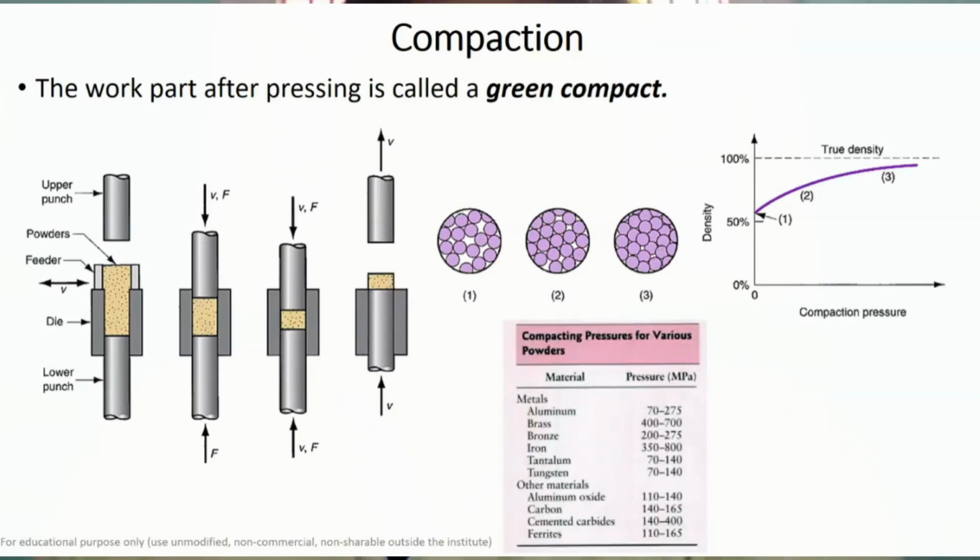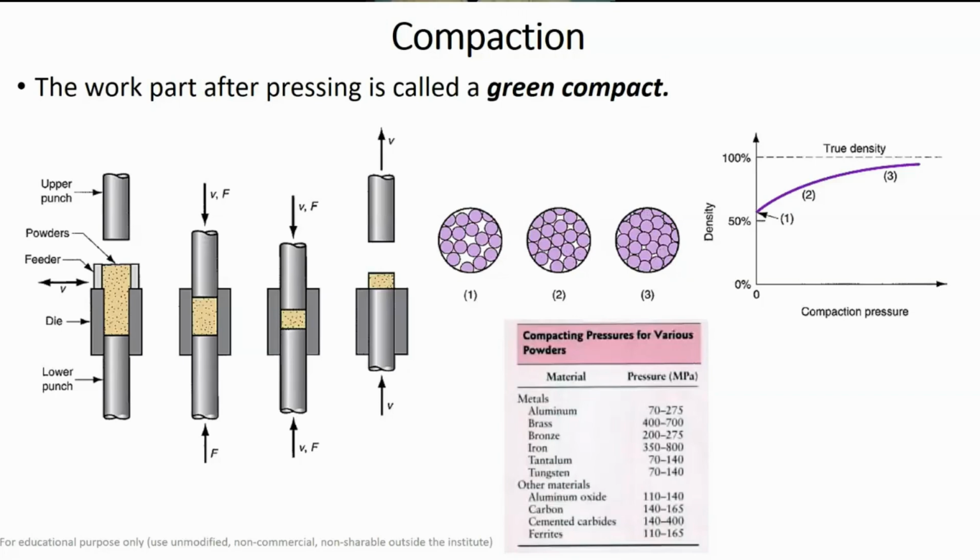In this figure, you can see that as you increase the compaction pressure, if the apparent density of the powder filled inside the die cavity is initially 50%, then as you progress through stage one, stage two and stage three, the density varies and approaches the true density. But it is not possible to get the true density in the compaction stage.